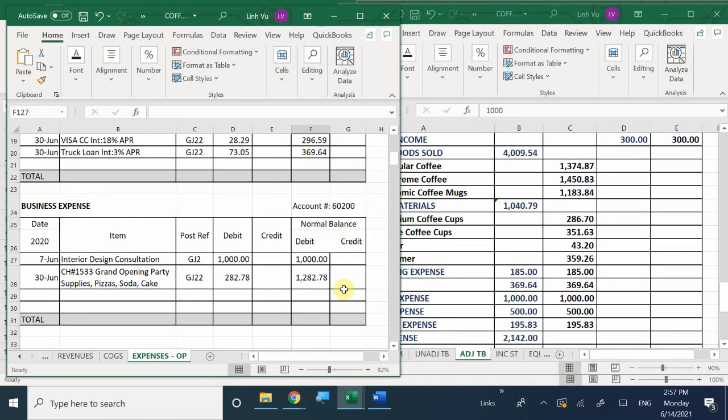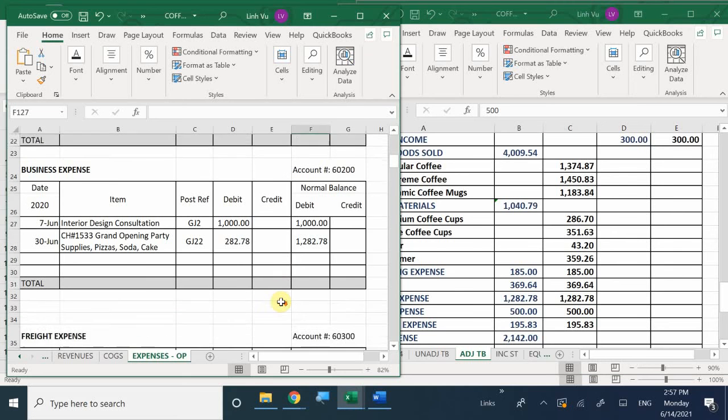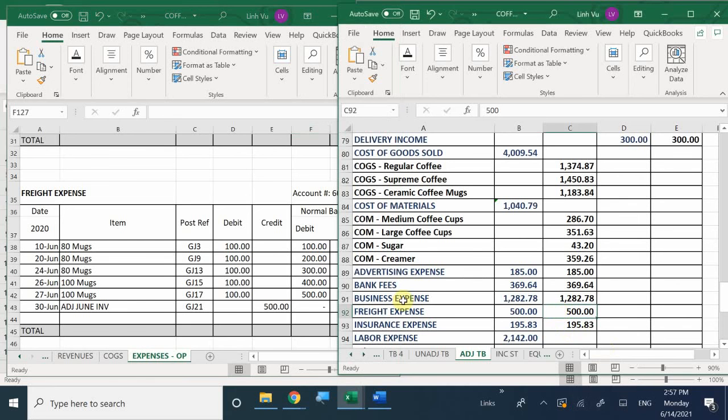Business expense has changed because we encountered our petty cash fund. So in this case, my total here is going to be 1282.78. Our freight expense is at 0 because we did our conversion entry, so we zero out our freight expense.